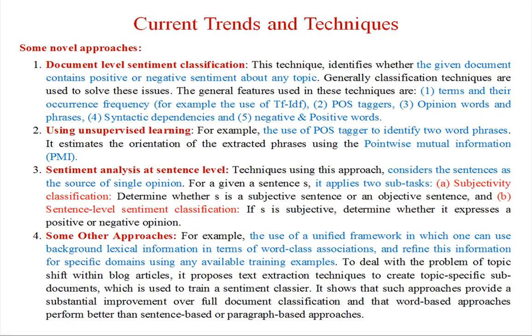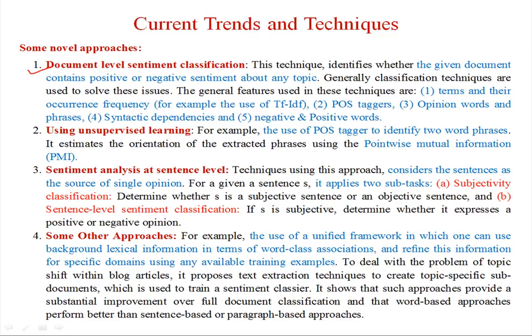Some novel approaches can first be categorized as document level sentiment classification. This technique identifies whether the given document contains positive or negative sentiment about a topic. Generally, classification techniques are used to solve this issue.